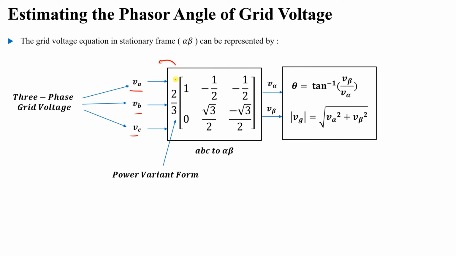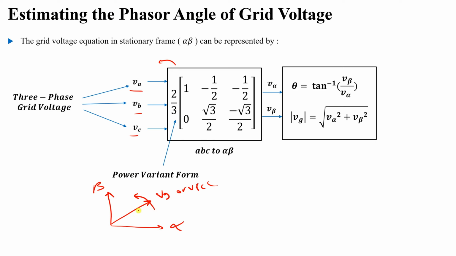Now by using these two quantities, as you know, these two quantities represent the three phase, right? So if you take the magnitude of V alpha and V beta, you will get the magnitude of the grid voltage, root V alpha square plus V beta square. If you remember, when we had alpha and beta and the rotating vector, VG or VBCC, whatever you would like to call it, this one was rotating, right?